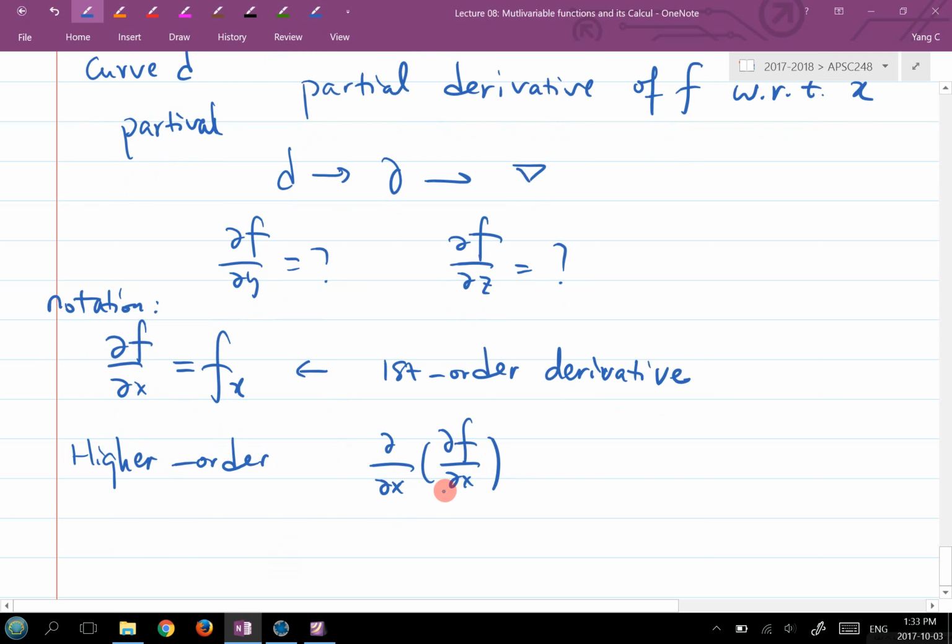That's going to give you the so-called second order partial derivative. In terms of writing, you can write it like this, very similar to the straight d, except it's a partial d. Or you can write it like this, with 2 x's as a subscript. Or you can write it like this. Either way is fine.